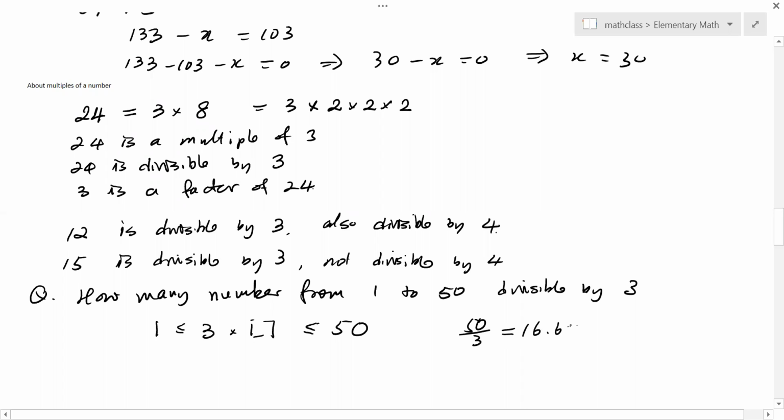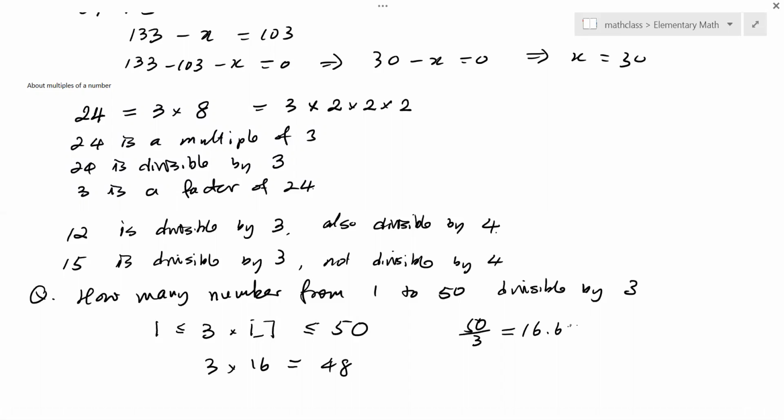That means the largest possible number you can put there is 16. So 3 times 16 is going to be 48. So 48 is the largest multiple of 3 between 1 and 50.